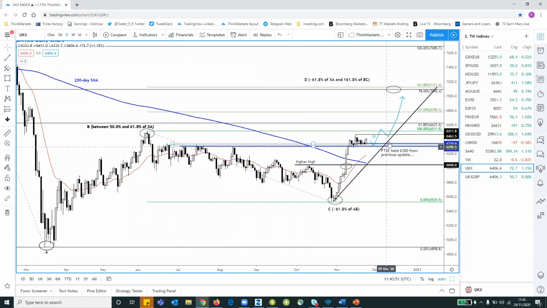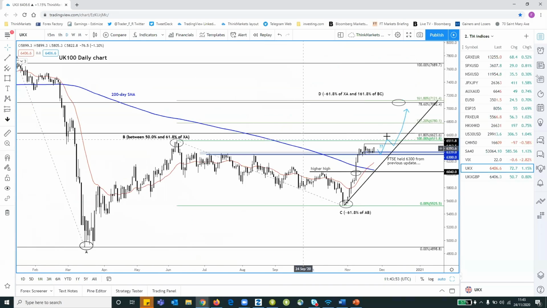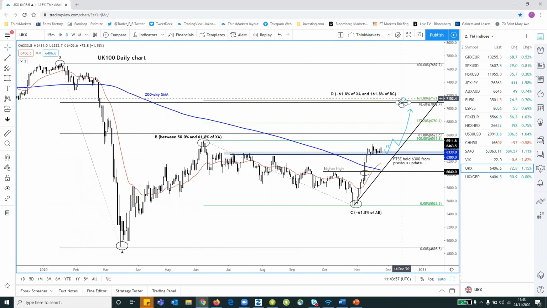And a couple of levels to watch from a Fibonacci point of view, I have drawn on the chart. So to clarify what we have here, we have the big downswing here from point X to point A. I have left out the 61.8 and 78.6% retracement levels of that downswing.